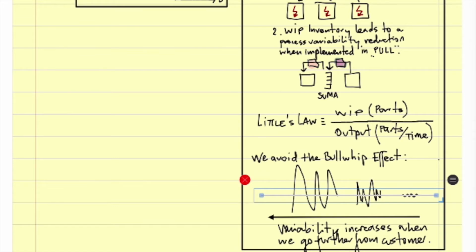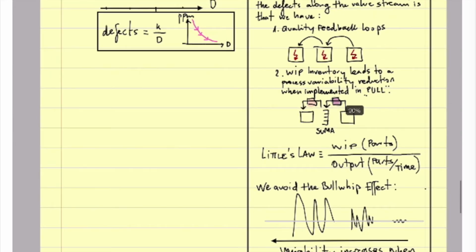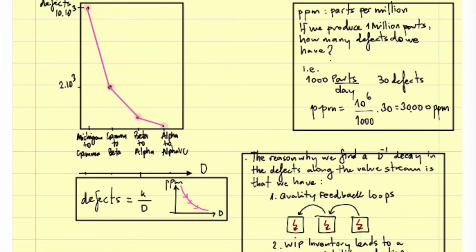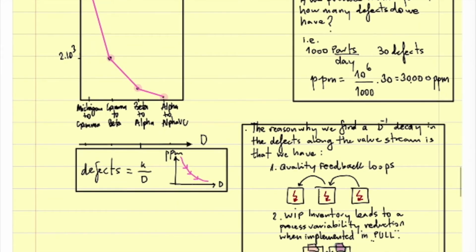Okay. Well, anyway, as you see, here we can clearly appreciate in this quality screen that we have in reality a bullwhip effect.